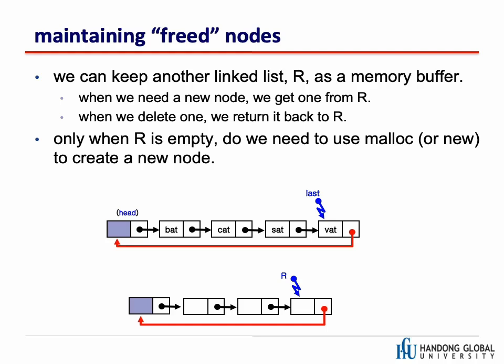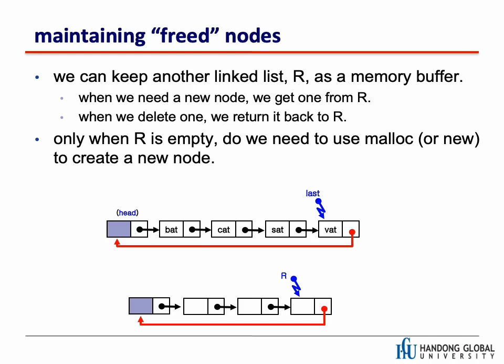So if you want to add one new node between bed and cat, we can get one from R, the memory buffer. Let's assume we get the first one. Then bed will point to that first one from the memory buffer, and it will point to cat.